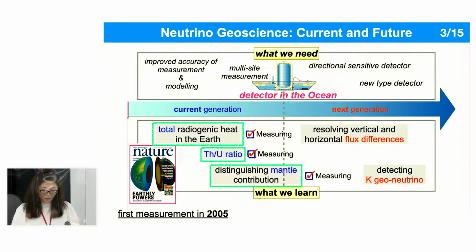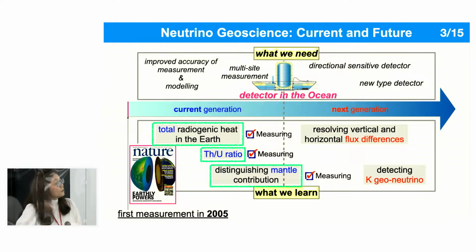The bottom side shows what we can learn from geoneutrinos, and the top part shows what we need to achieve what we want to know. We started studying neutrino geoscience in 2005, when the first measurement of geoneutrinos happened at KamLAND.